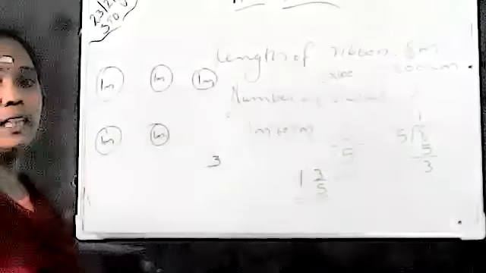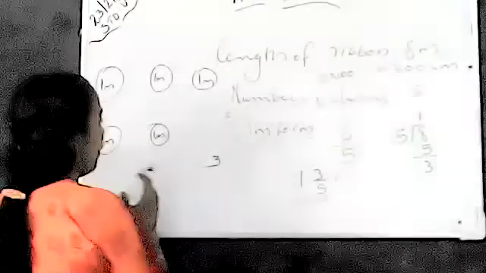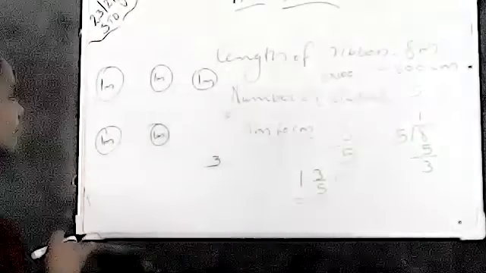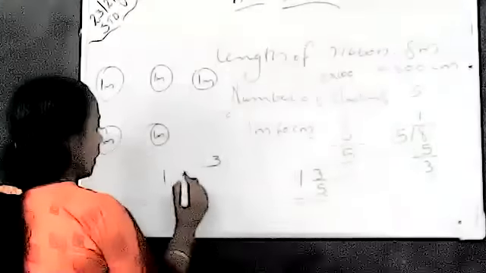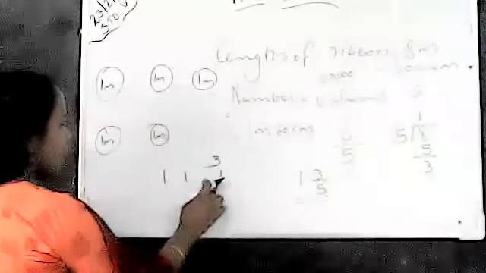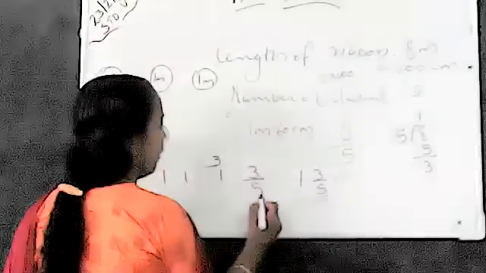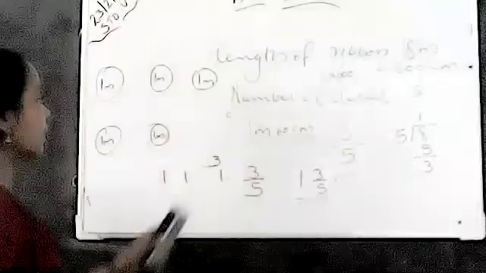Next, 3 meter is balanced. How can we divide a 3 meter ribbon among 5 children? What is the fraction? That is 3 by 5, which is 60 centimeter.